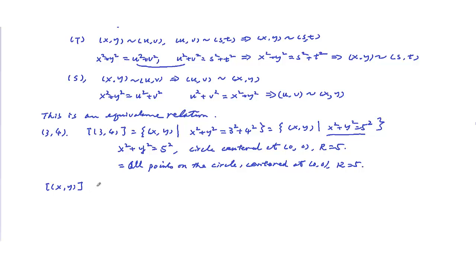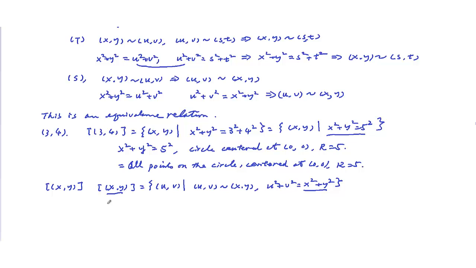If we have any point (x, y), then the equivalence class will be all points (u, v) such that (u, v) is related to (x, y), or u squared plus v squared equals x squared plus y squared.